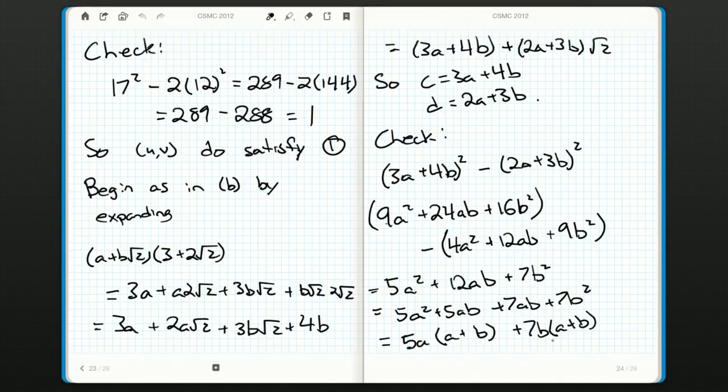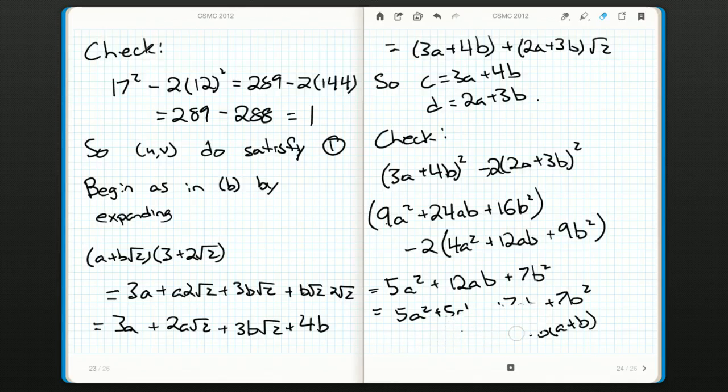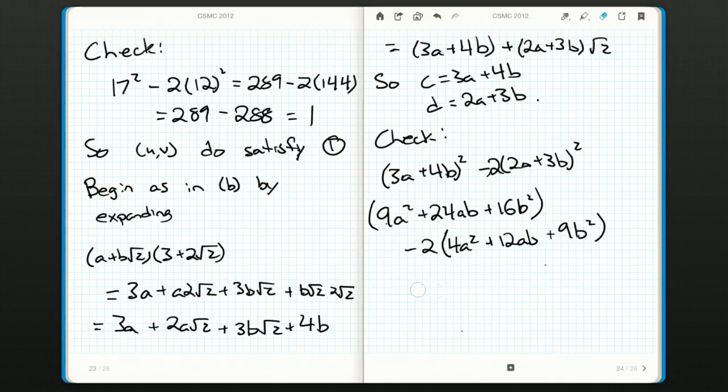Oh, you know what it is? I forgot a 2 here. Okay, good. I was wondering what was going on with this. Because I was getting to a point where a plus b would have to be 1, and then 5a plus 7b would also have to be 1. Okay. And with a and b being positive integers, which we were told, there's no way that that can happen.